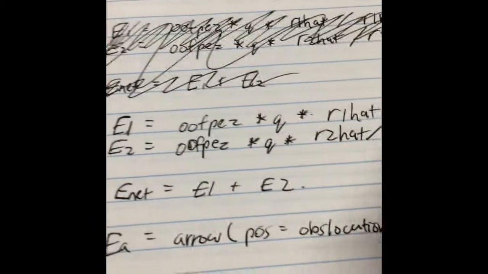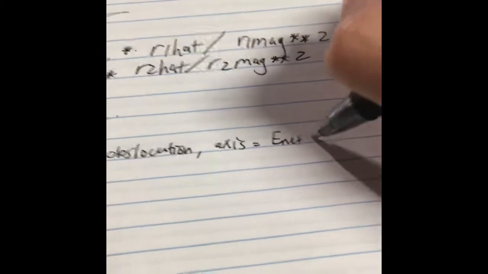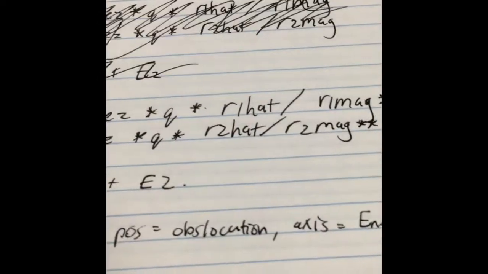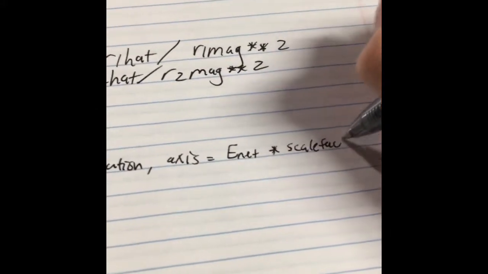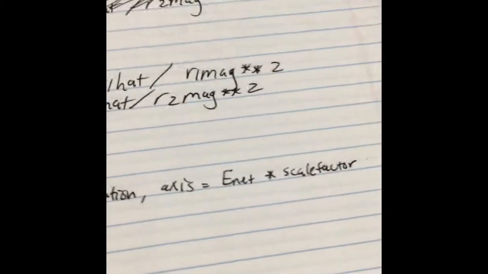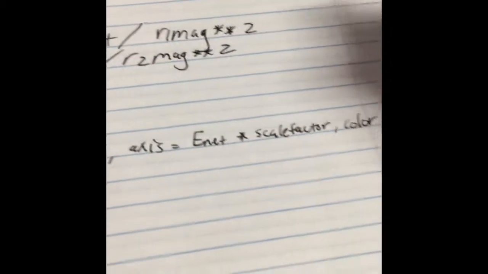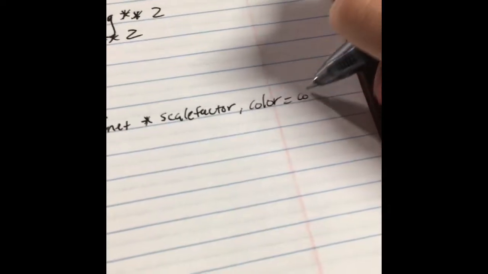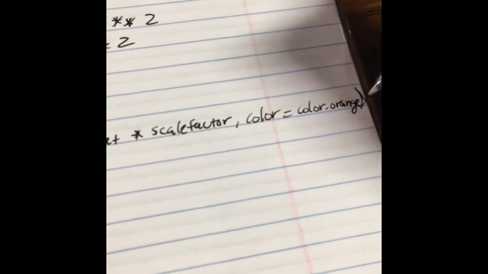Your axis will be equal to the net electric field times the scale factor, and then the color will just be orange. Close them off, and that's it.